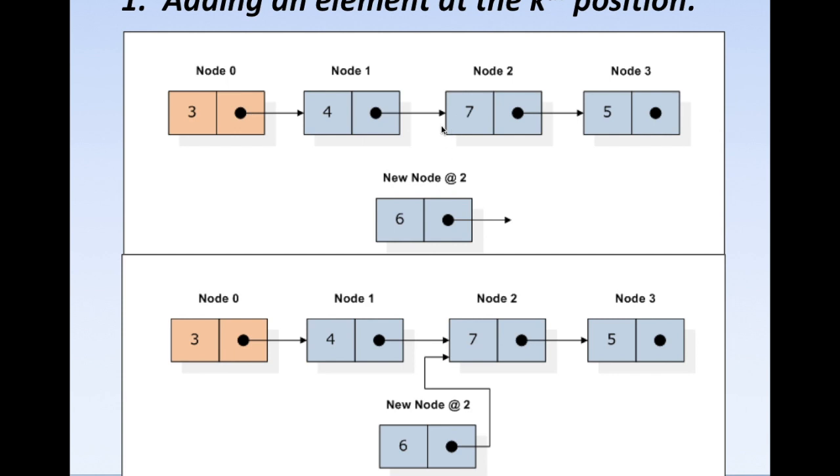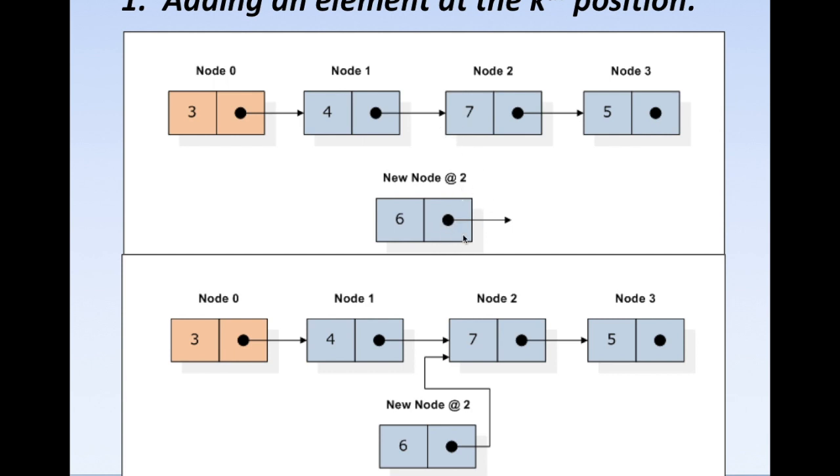To do that, first of all, the pointer of the new node, if I'm going to add it at position 2, should point at node 2. It's as easy as this. So I have to get to node 2. Okay, so this is a pointer to node 2. Now we can remember it like this: because I'm adding the element at position 2, the pointer is going to point at 2.